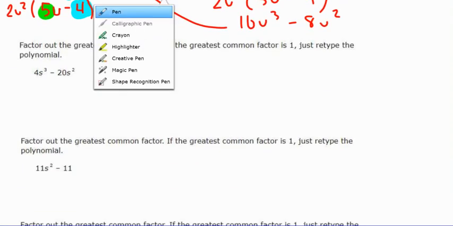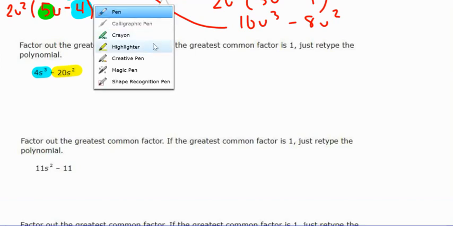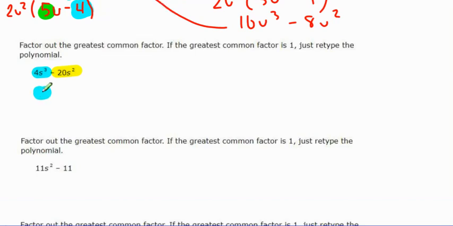Let's look here: factor out the greatest common factor of 4s cubed minus 20s squared. I'm going to line us up so we have an outline.